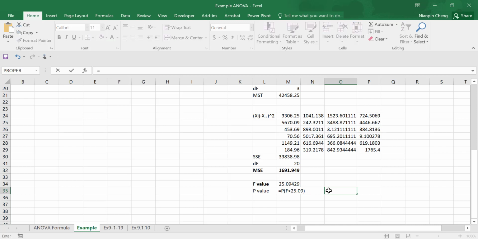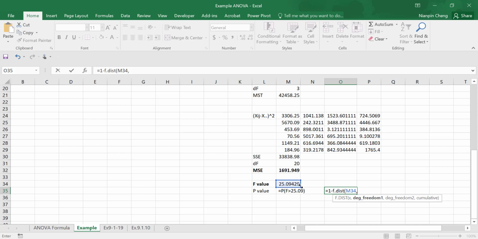In Excel, it already has the F distribution. Since we want the probability of being larger, we convert it as 1 minus the cumulative probability. So that's the F distribution, the X value, and it needs two degrees of freedom.